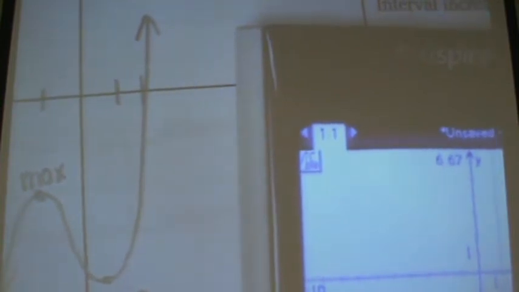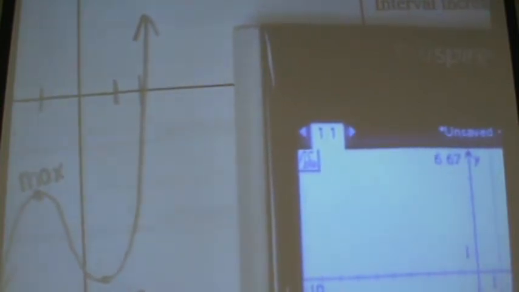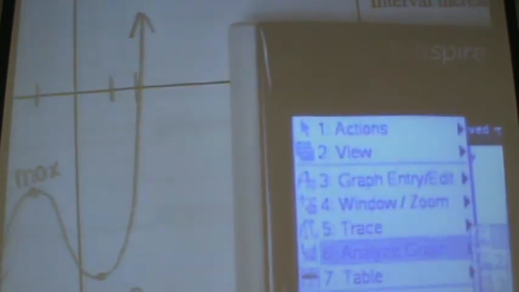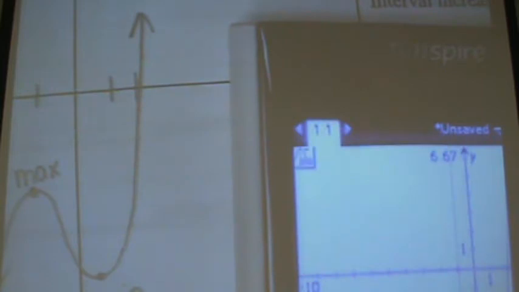Okay, what'd you get for your minimum? Negative 6.29. Isn't it the X value? Yeah, it's the X value. 0.816. You should get 0.816. Why is mine not doing that? Analyze graph, min.